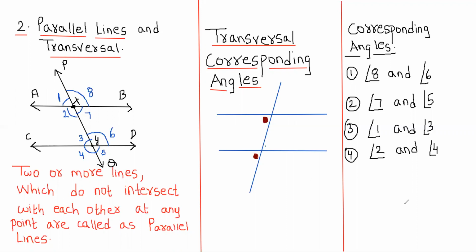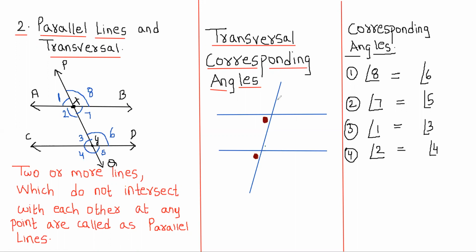Now these corresponding angles are equal, students. Angle 8 is equal to angle 6, angle 1 is equal to angle 3, angle 7 is equal to angle 5, and angle 2 is equal to angle 4. So corresponding angles are equal. You have to practice, students.